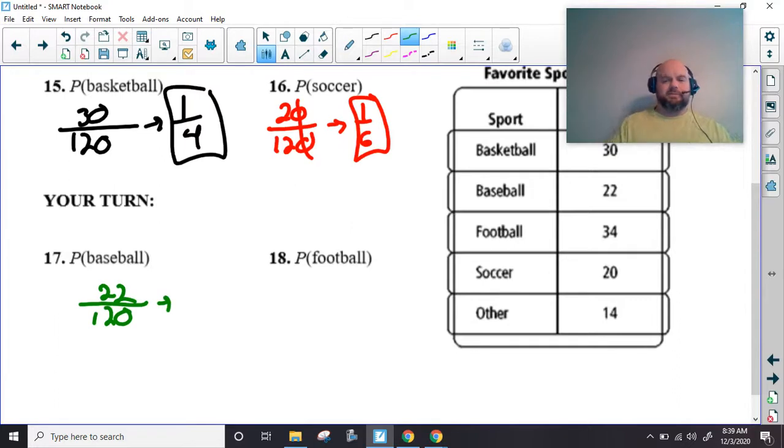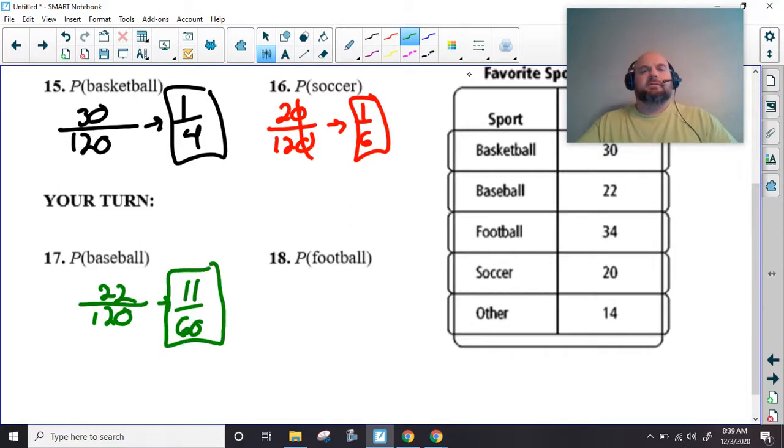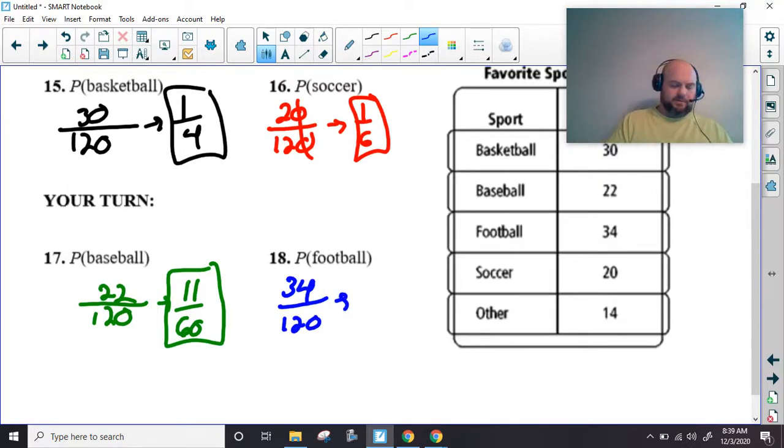I ain't got zeros on that one, so it's hard for me to do that one. 22 over 120. Thank you, calculator. And football, 34 out of 120. So 34 over 120. This is 17/60.